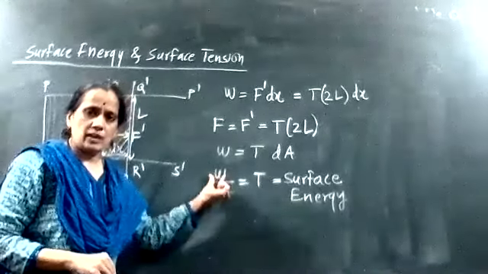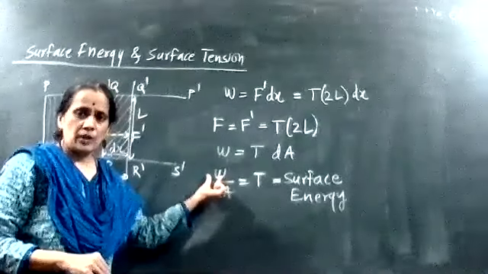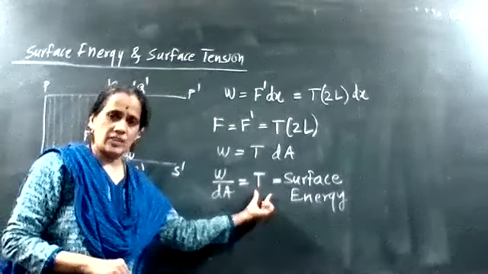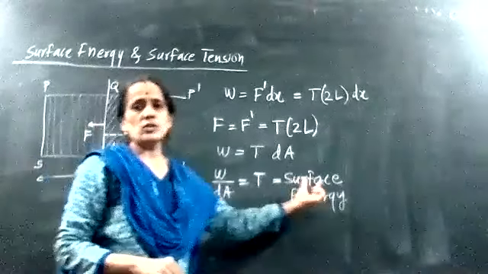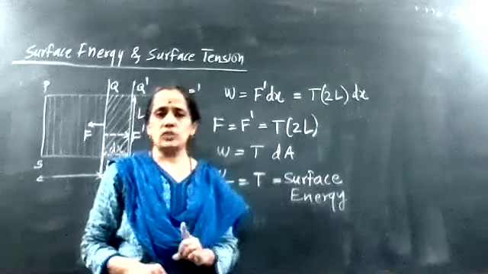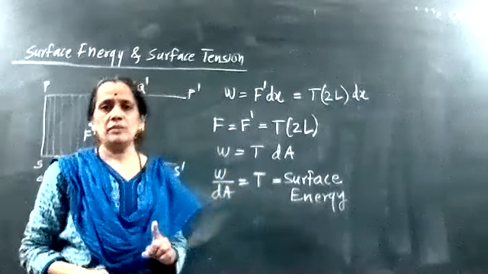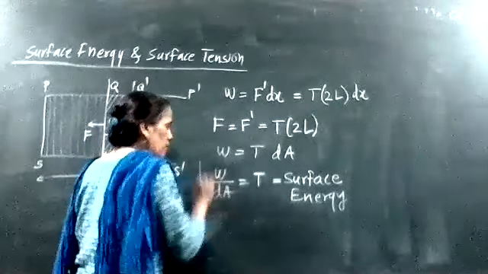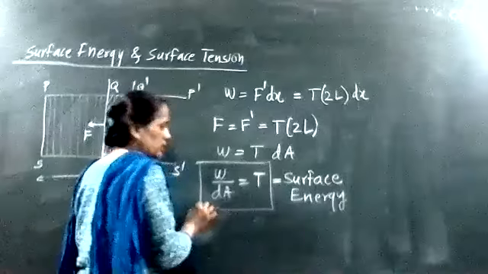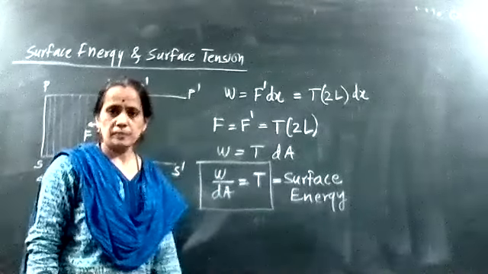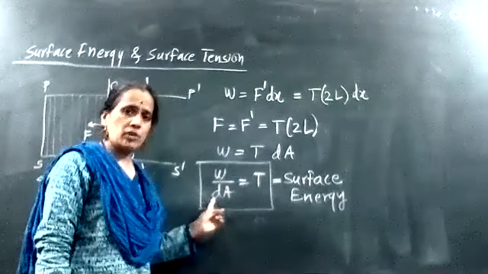So work done for a soap film to extend its area is equivalent to surface tension, which is to be called your surface energy. Right? So this is your 2 mark question. Relation between surface energy and surface tension. And this problem is very important for your numerical problems. So this formula is important for the numerical.